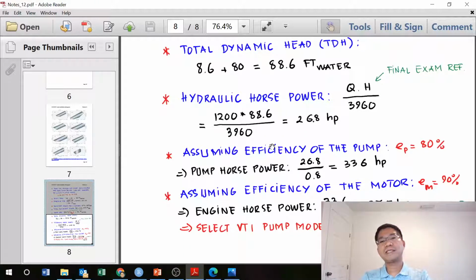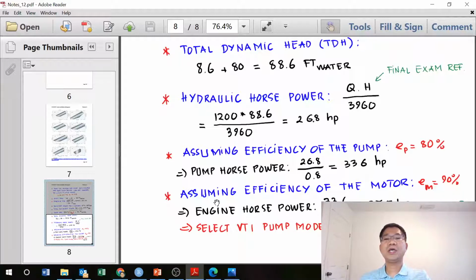And of course, like I said, this is a semi-open problem. We need to consider how efficient the pump is, and how efficient the engine or motor that powers the pump is. In this case, I assume the pump efficiency is 80%, just to make it realistic. The pump horsepower divided by that has to be more, so it will be 33.6 horsepower.